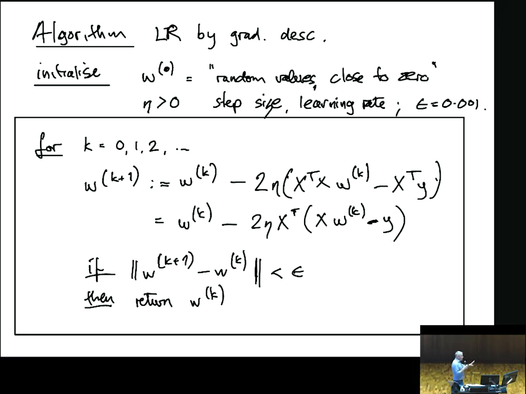So let's step back and see what we've done. There's a bunch more that I need to talk about in the second hour, but to summarize, using linear regression as an example, we've shown a way to define the optimizer. If there is an exact solution, that will work. That will give you, in this case, what's called the normal equations.